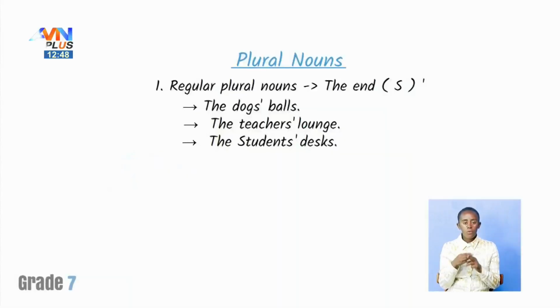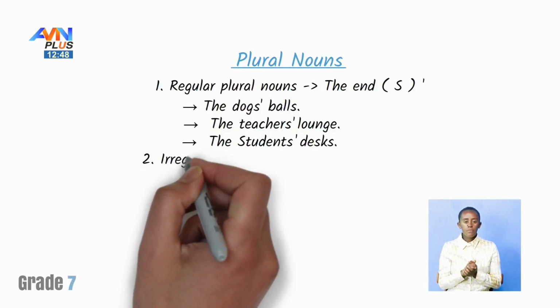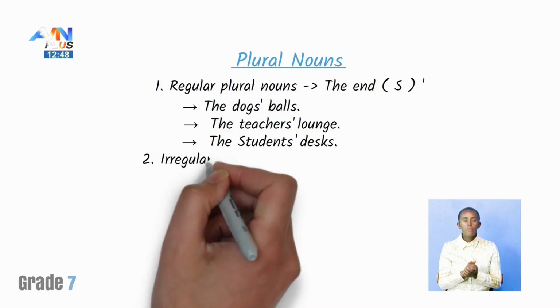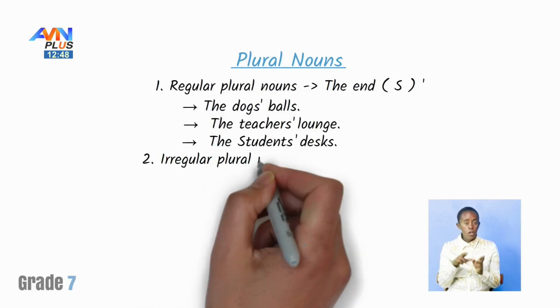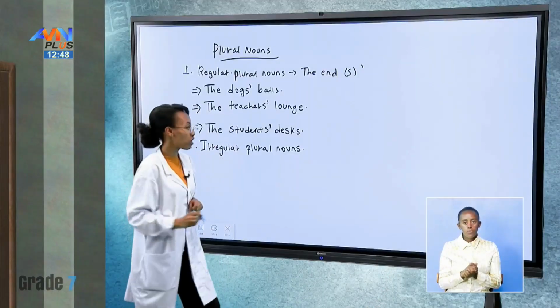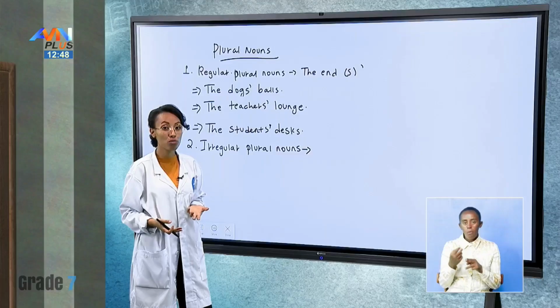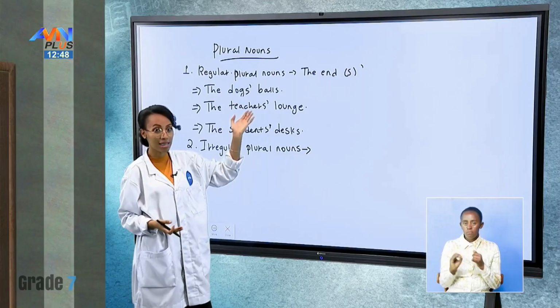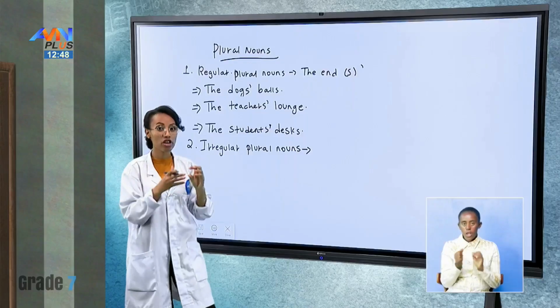The second way of using it is when it is irregular plural nouns. If it is irregular plural nouns, then the nouns are not going to end with what? S. They're not going to end with S. They change their shape.